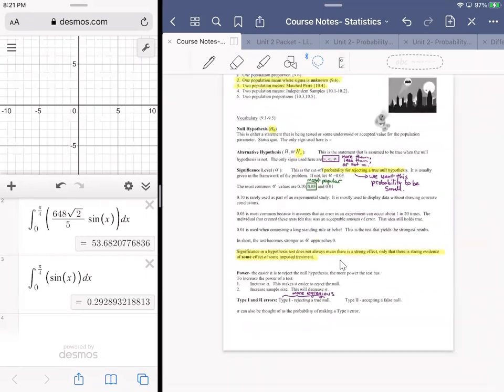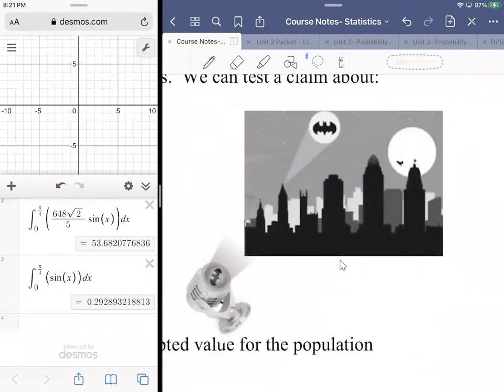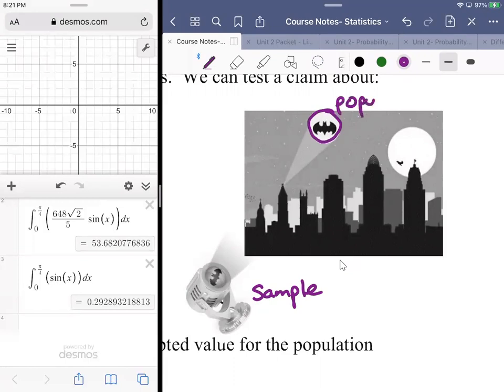By the way, my little diagram here, this is the best I can do, but you get the idea. It's the bat signal. The idea is that the lamp itself is supposed to be a sample, at least in my mind, and the signal in the sky is the population.